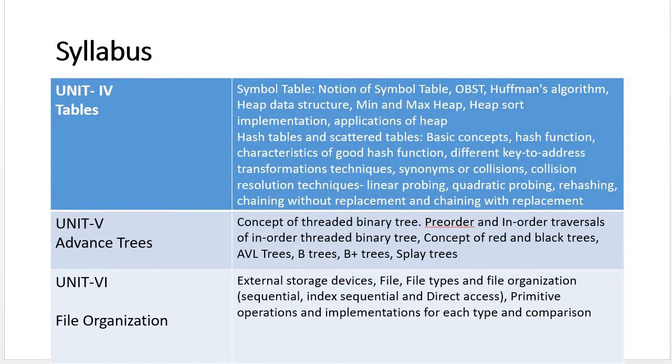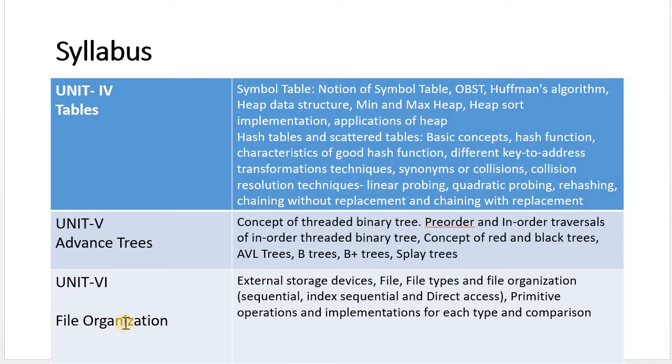Then unit 4 covers symbol tables, implementation of heap, hash tables, and implementation of hash collision resolution techniques. Then unit 5 covers the concept of advanced data structures like threaded binary tree traversals, the concept of red-black tree, AVL tree, B trees, B plus trees, and splay trees.